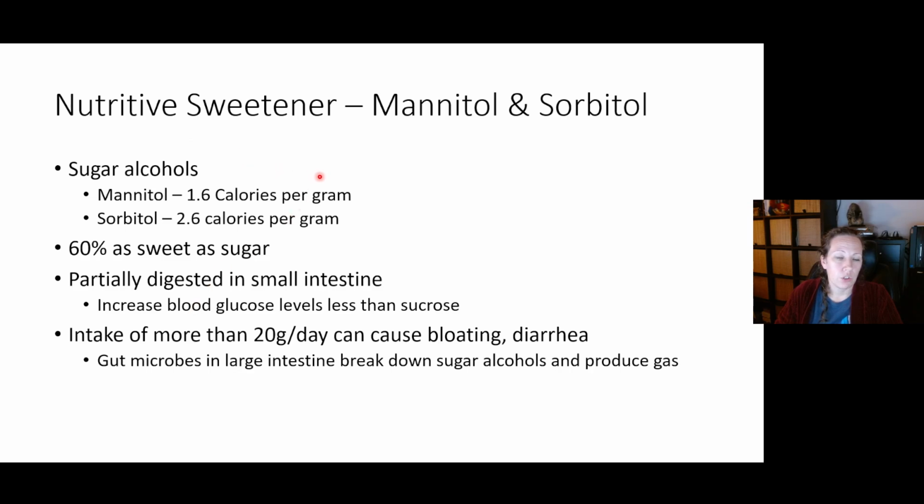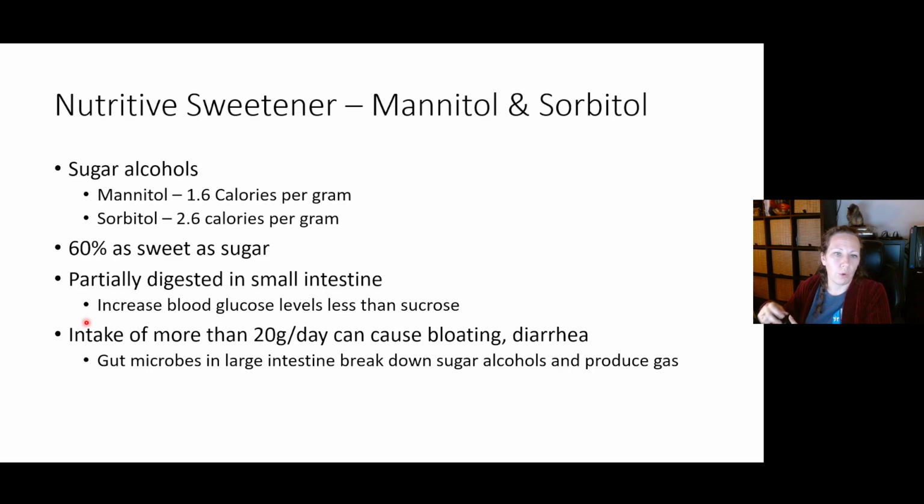Whatever sugar alcohols are not absorbed and digested by the small intestine will then go through the large intestine. And at the large intestine, there are bacteria that do have the ability to break down these sugar alcohols. And when they do, they ferment them, and they produce gas.